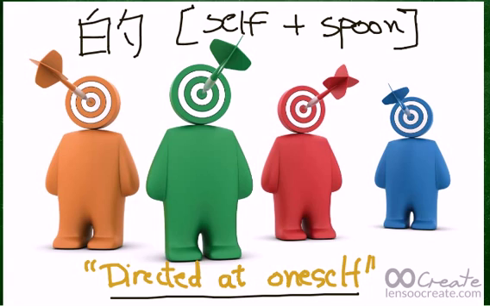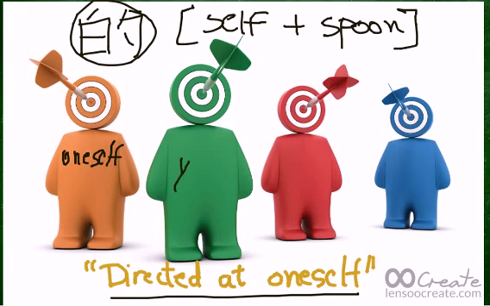So what is the oneself? It is something that's directed at oneself. That's why I put this as the essence of the character. That's what essentially the character means: directed at oneself. So whenever you see this character, think about these pictures that I posted over here, with the arrow being pointed at the dot, at the target, because that is directed at oneself.